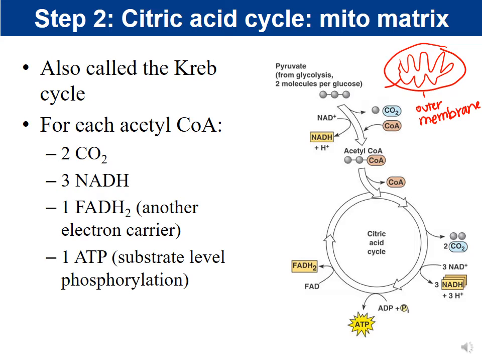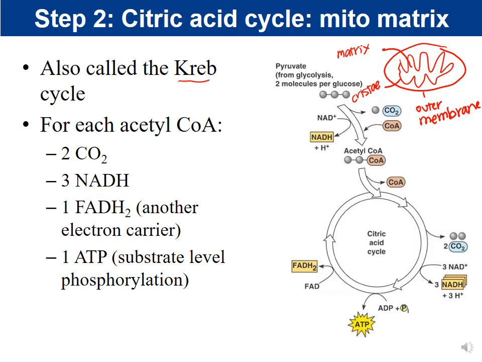It has this extensively infolded inner membrane, which is also called the cristae. And the matrix is the space inside the inner membrane.